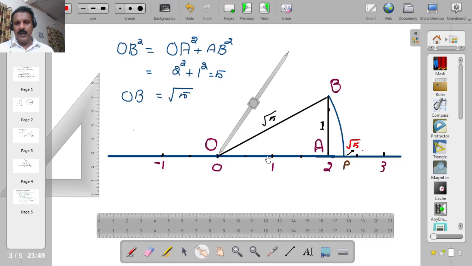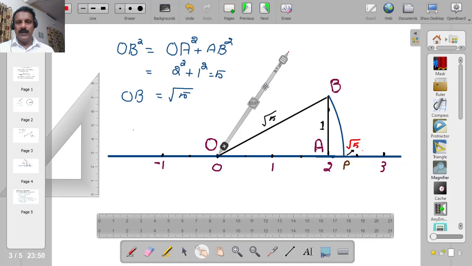OA is 2 units, so OA squared is 2 raised to 2, and AB squared is 1 raised to 2. 2 squared plus 1 squared is 4 plus 1, which is 5. So OB will be square root of 5. Now we have a right angled triangle whose hypotenuse has length square root of 5.